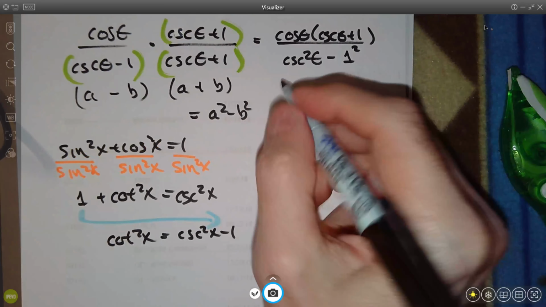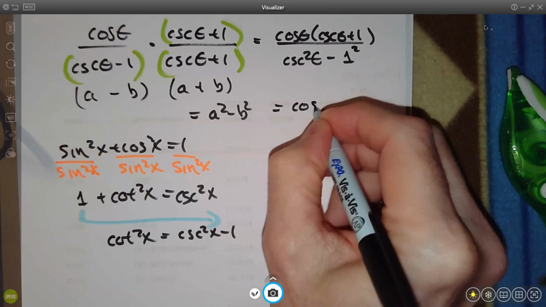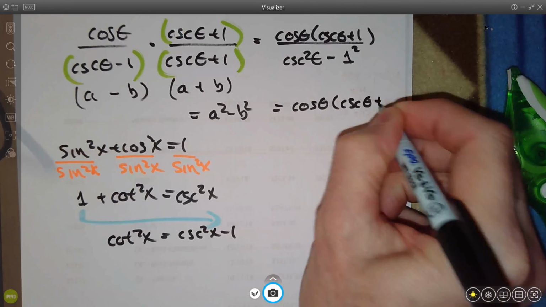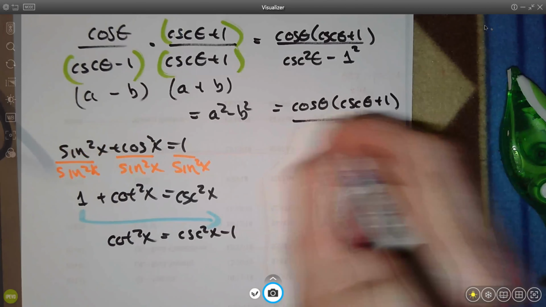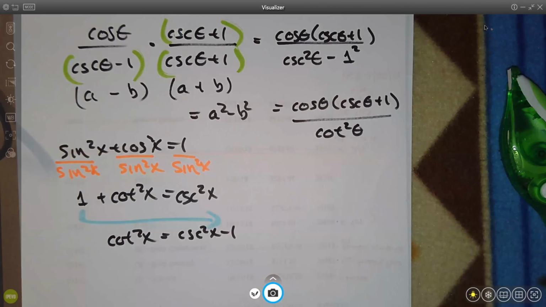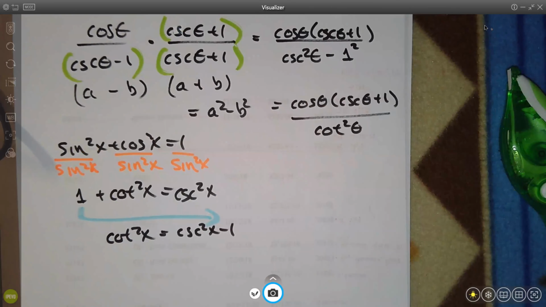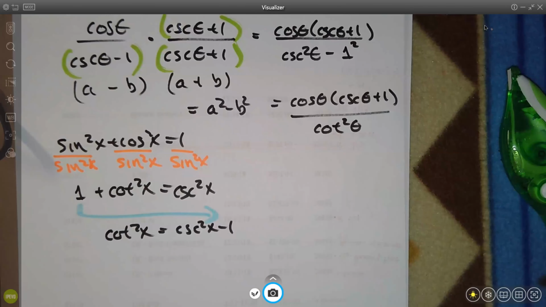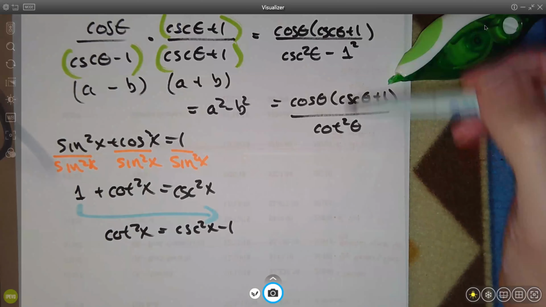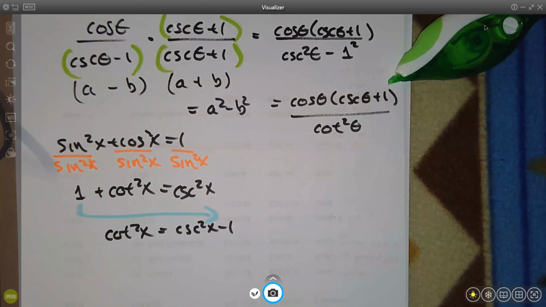So this is cosine of theta times cosecant of theta plus 1 over cotangent squared of theta. All right, now we're probably going to get down to some nitty gritty in terms of simplifying this. But are we good with that first couple steps? Yes. All right, thank you.